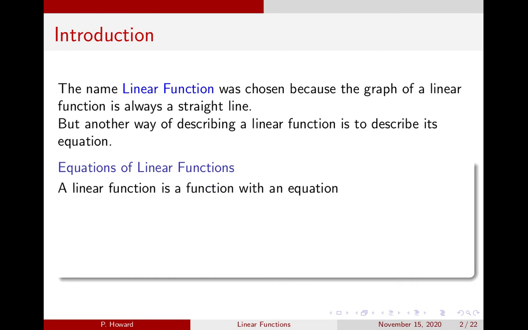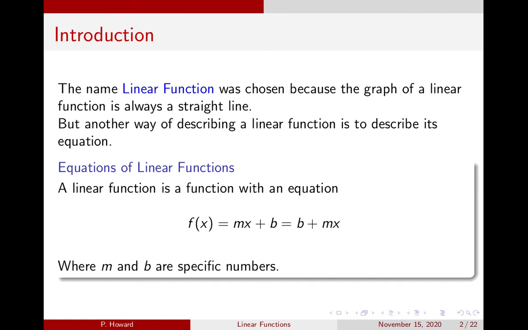So a linear function is a function with an equation that looks like this. f of x equals mx plus b. And you can write the terms in either order. You could write that as b plus m times x, where m and b are specific numbers.